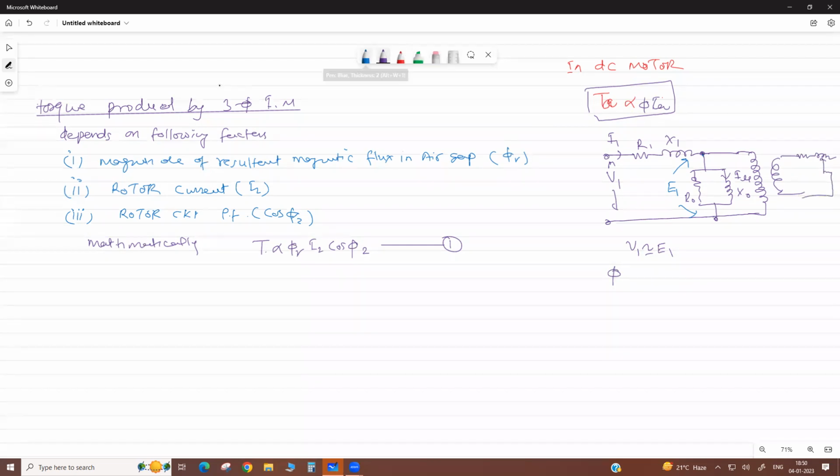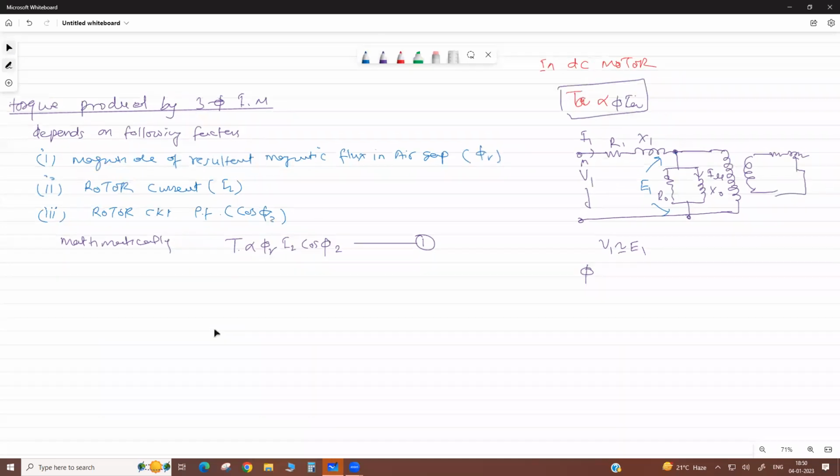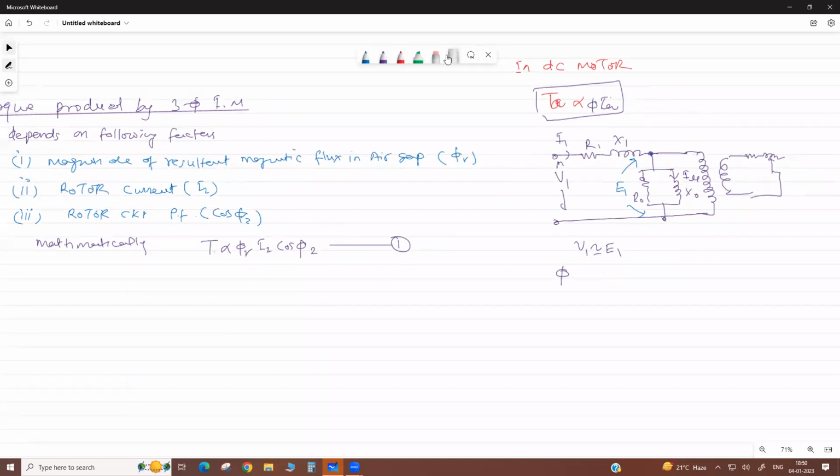Separately we will draw it. Your rotor circuit we show here. This is your induced voltage in rotor, then resistance, this is reactance of rotor. This is your rotor circuit.